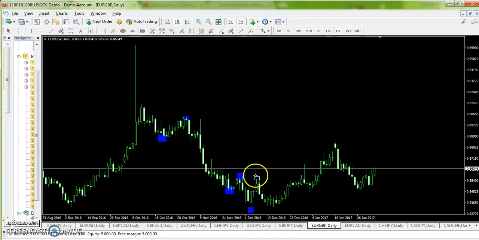Okay, lower low and lower high, right? What happened when the market broke the previous higher low? In a bear market, this was the previous higher low. This is a lower low, higher low, lower low, lower high, lower high, lower high, lower low. This is the lower low, this is the lower high.